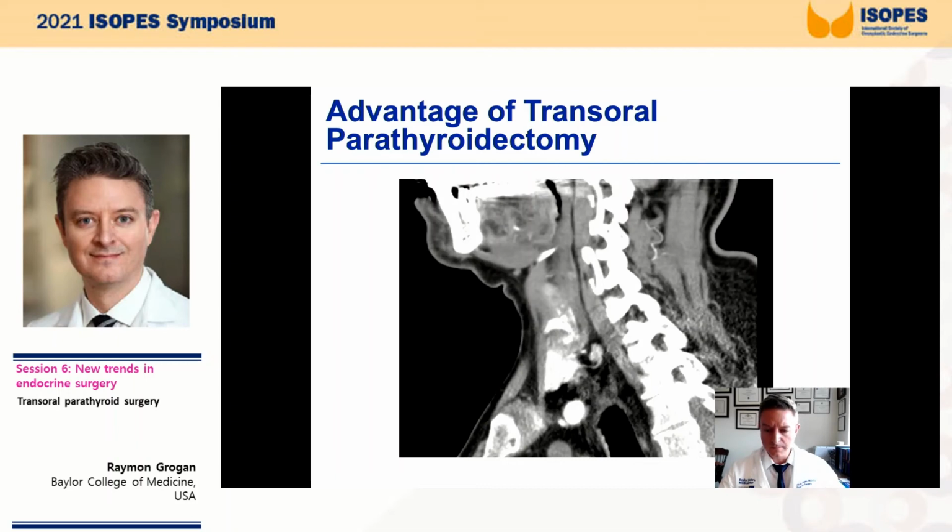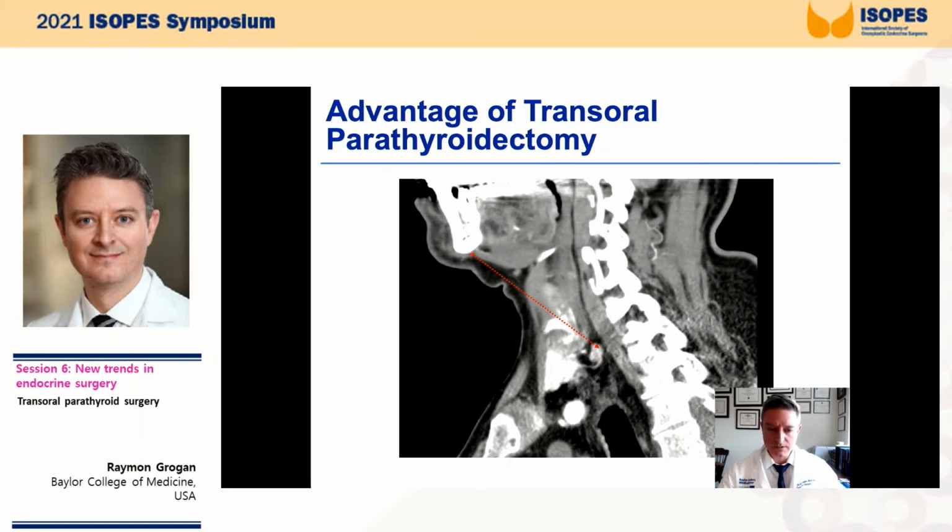Here is another view of that same thing, thyroid cartilage here. There's the right thyroid lobe, the subclavian artery. That's your esophagus. There's that parathyroid in the tracheoesophageal groove. Now, here's the trajectory for the transoral approach. You can see it's coming across near that thyroid cartilage, but not at the bottom of the thyroid cartilage.